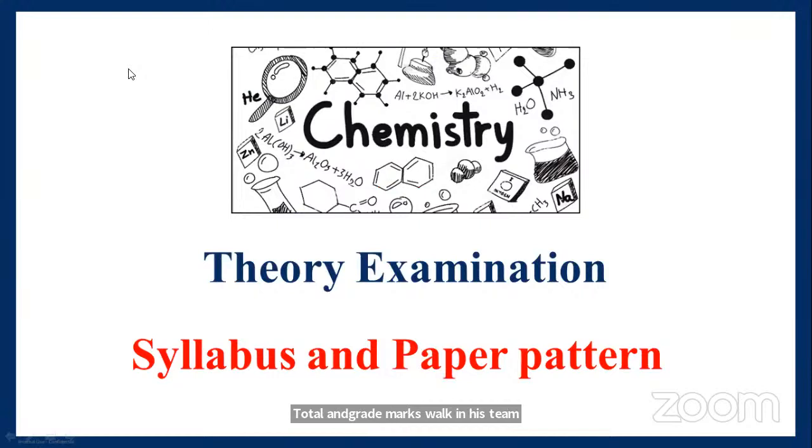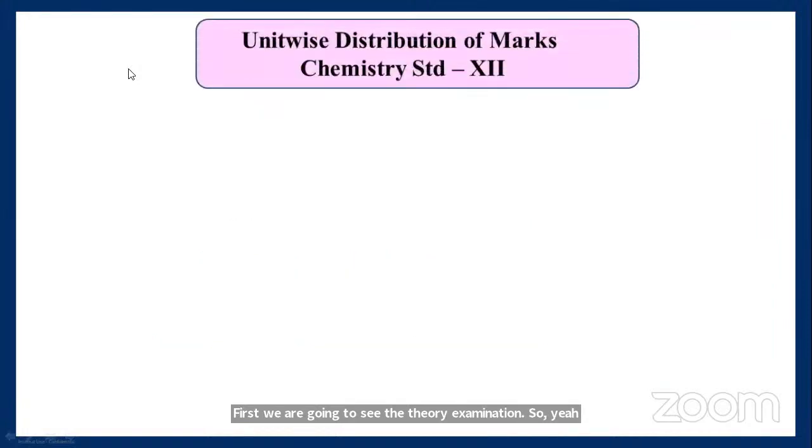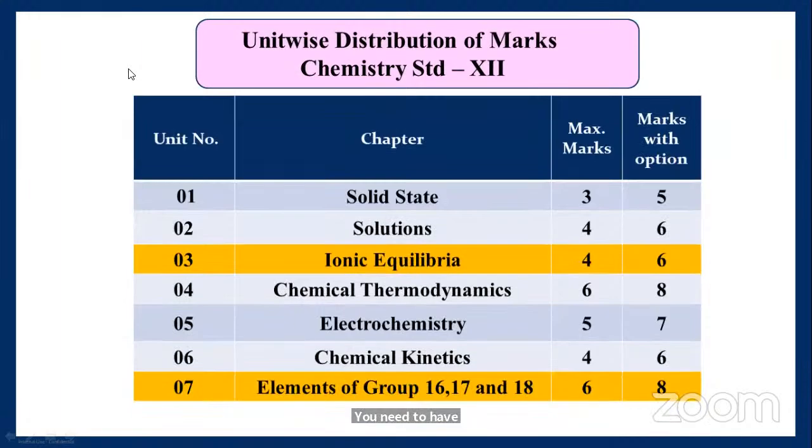First, we are going to see the theory examination, syllabus and paper pattern. Unit-wise distribution of marks for chemistry, standard 12. See here, unit-wise mark distribution is given. First column indicates maximum marks, and second column indicates maximum marks with option.